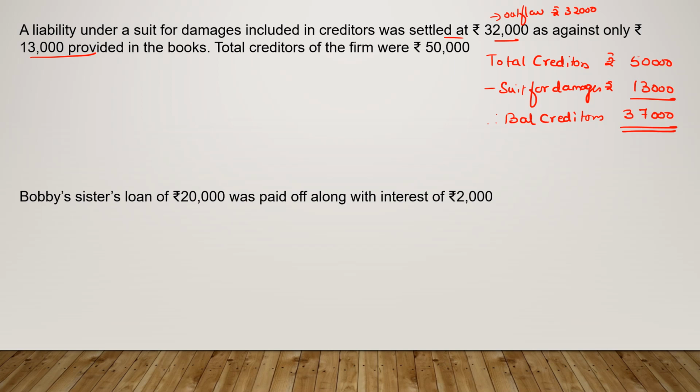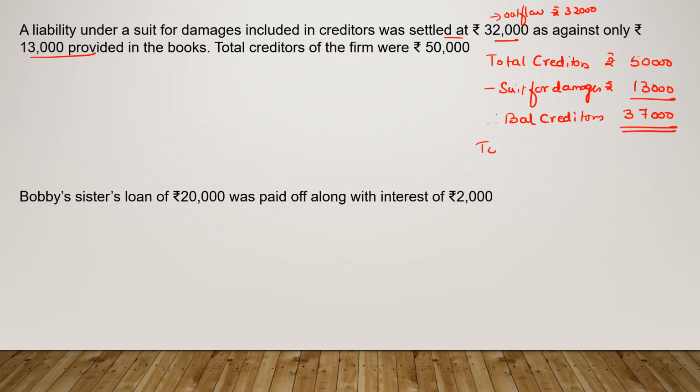Now, there's a very important concept: if nothing is specified, you should still ensure that the outside liabilities which are there are paid off. So here, nothing has been specified, only about the 13,000 part which is provided. They have said it got settled at 32,000. What about this 37,000 worth of creditors? We have to ensure that they are paid.